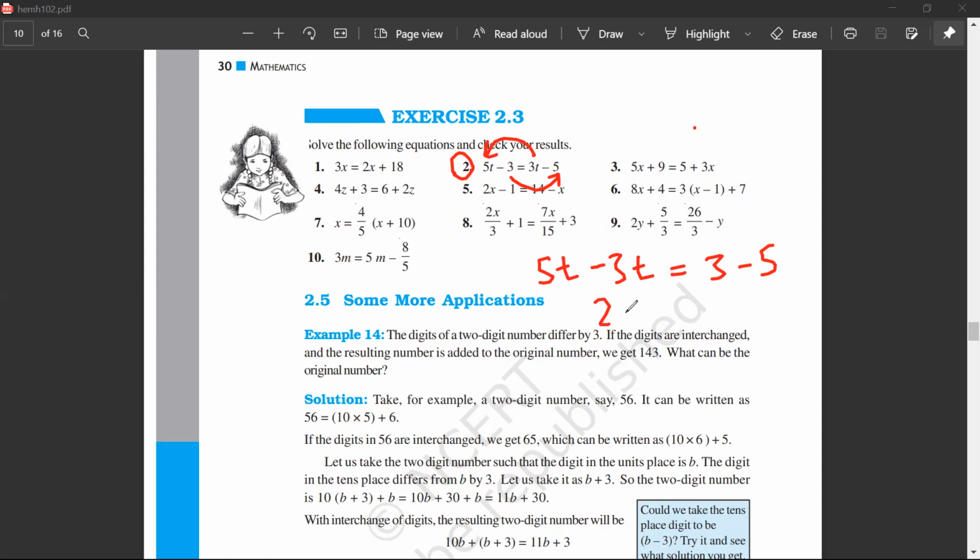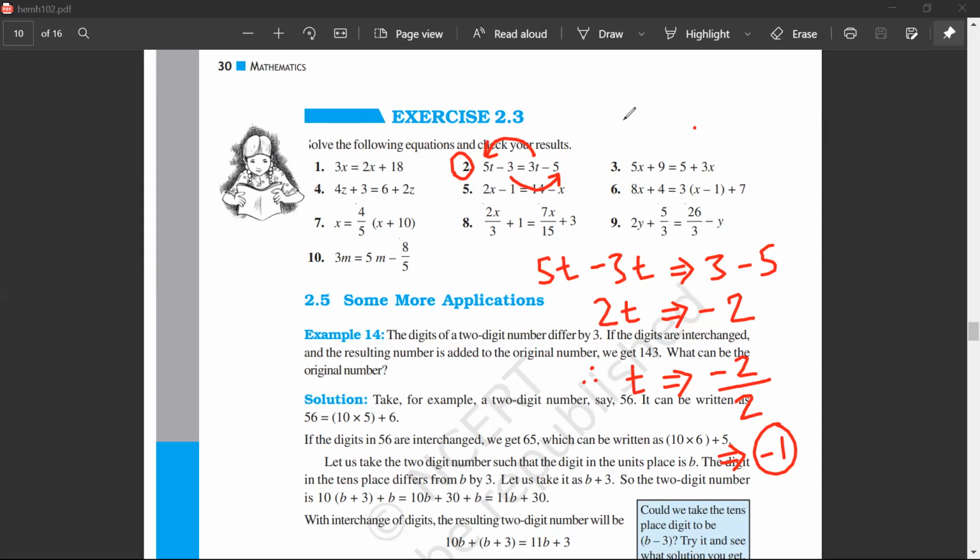So it will become 2t equals minus 2. Therefore, t would be equal to minus 2 upon 2, so minus 1. Mr. Satya, is it okay? Yes, sir.